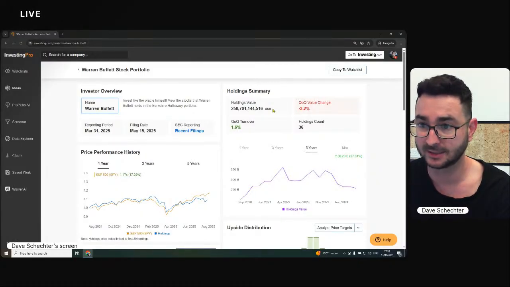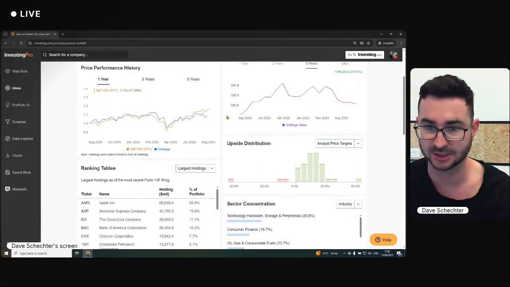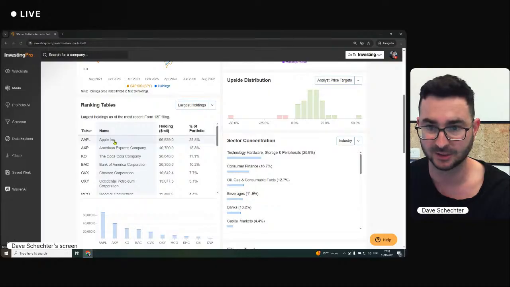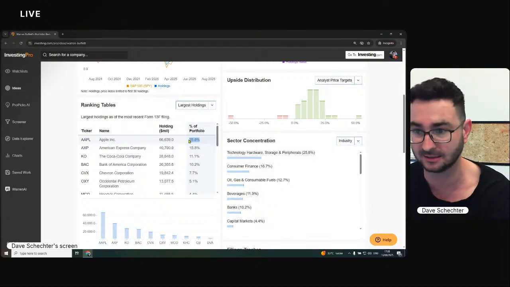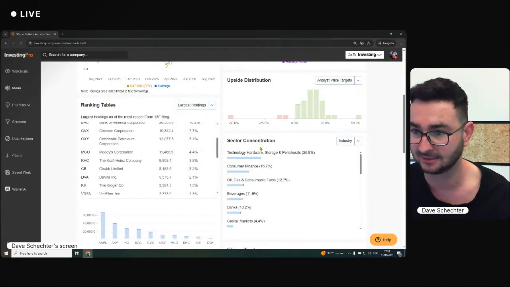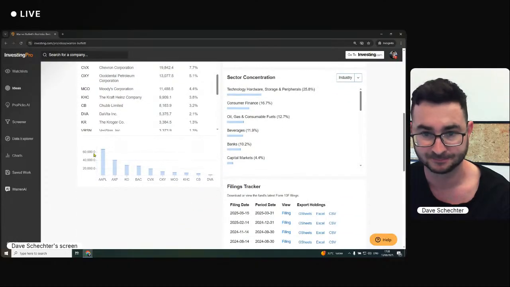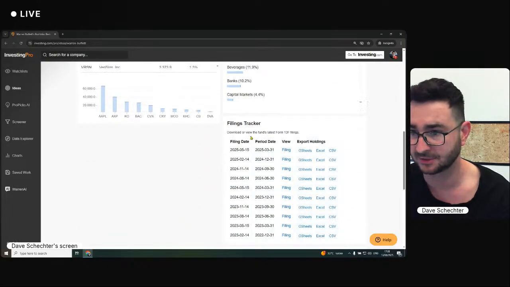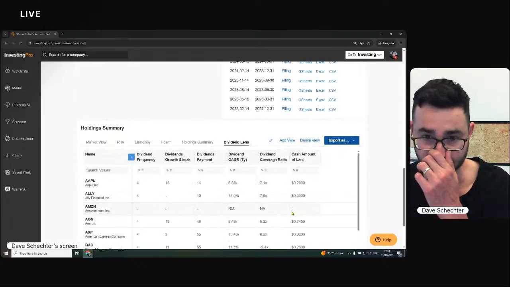I can, number one, see the dollar amount of all of their holdings. I can see what the quarter-over-quarter change has been. I can see the distribution of companies inside their portfolio and the percentage that any particular stock takes in their portfolio. I can see the sector concentration: technology, consumer, oil and gas, and also the filings tracker for the 13F filings as well.